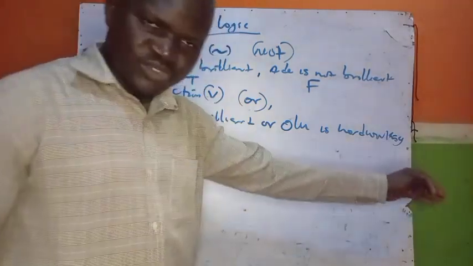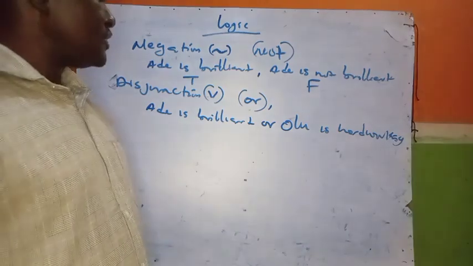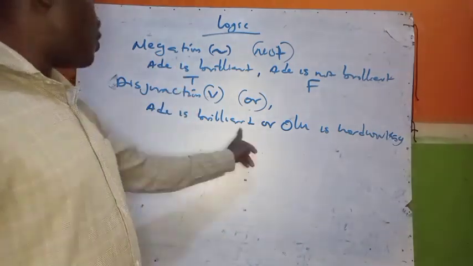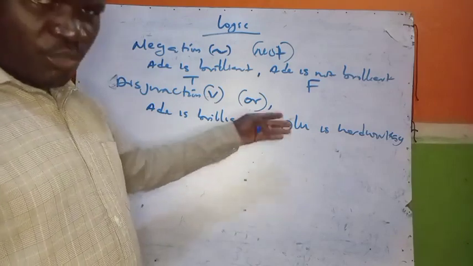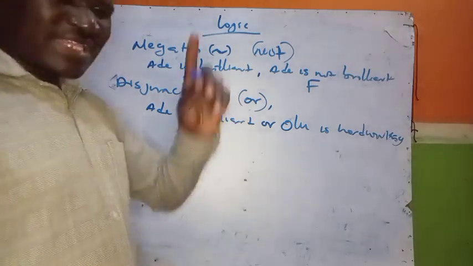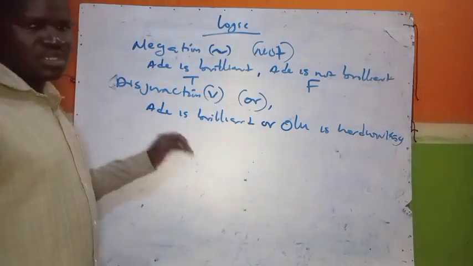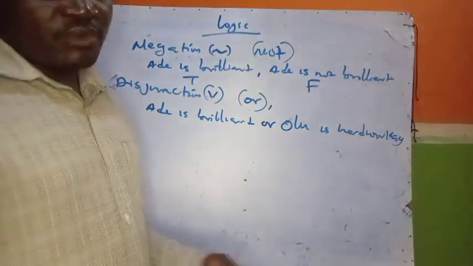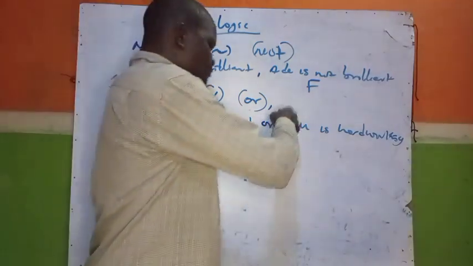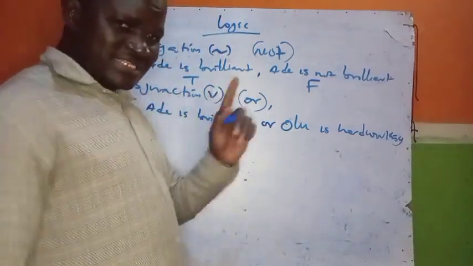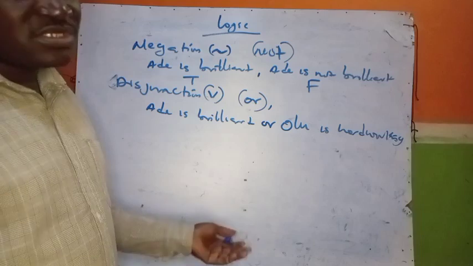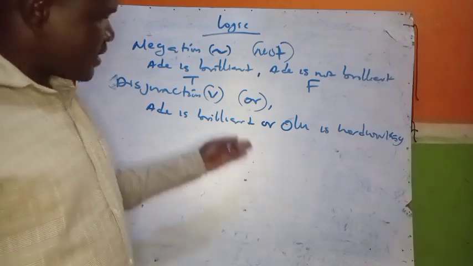It is going to be true if at least one of the components of the sentence is true. Otherwise, it's false. Two can be true, but if both are false, the statement is false.